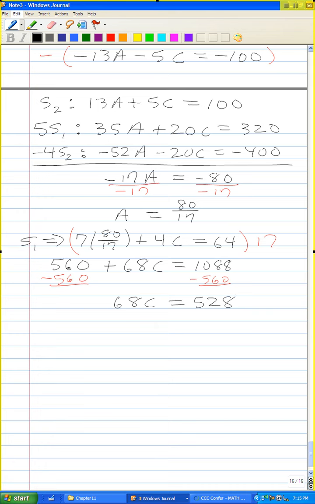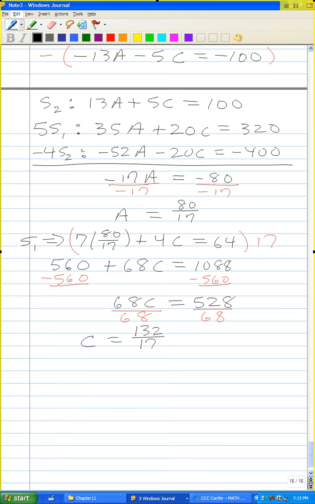So divide both sides of your equation by 68. And so you get C is equal to, let's see, I can divide 528 by 4. So that gives you 132. I can divide 68 by 4, 17.